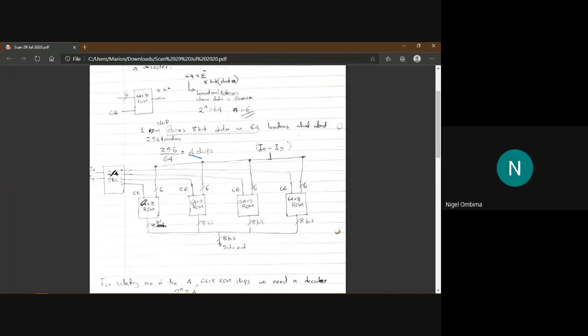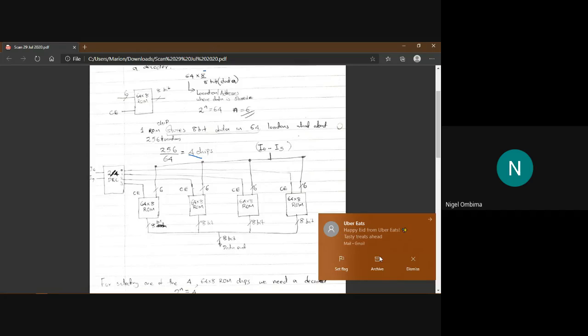Let's just focus on these 4 ROM chips now. All of them have enable inputs and 6-bit data input. Remember that they all have decoders inside them where data inaingia, and an output of 8-bit.